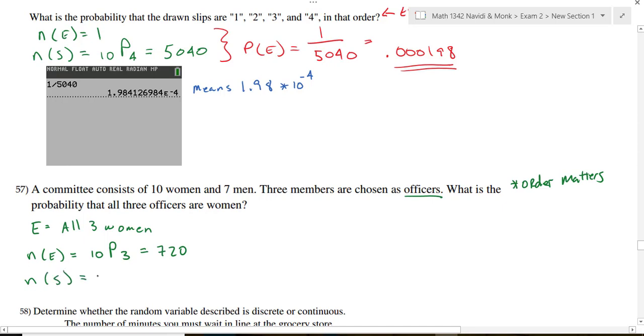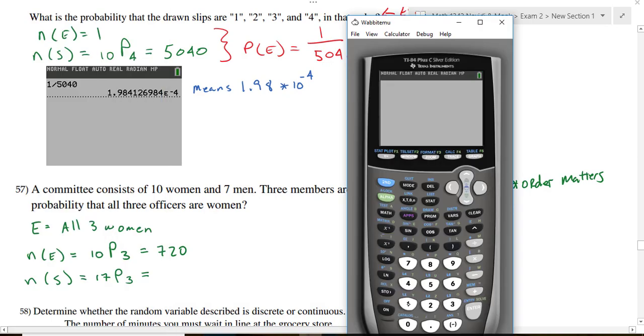There's a total of 17 people on the committee. So my sample space would be every possible arrangement of people out of the 17. So it'd be 17 pick 3. So we go to our calculators. So now I'm going to do 17, math, probability, number 2, I'm picking 3, hit enter, and I get 4,080.